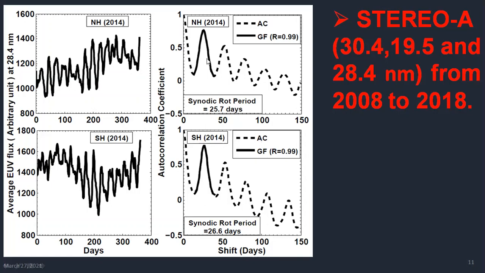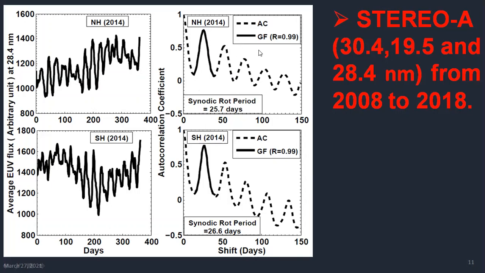Again we can see several secondary maxima in the autocorrelograms, in which the first peak is higher than the others. That means the first peak has higher statistical significance. In order to estimate the rotation period, we fitted a Gaussian function on the first secondary maximum. The central value of the Gaussian function gives the synodic rotation period in days.